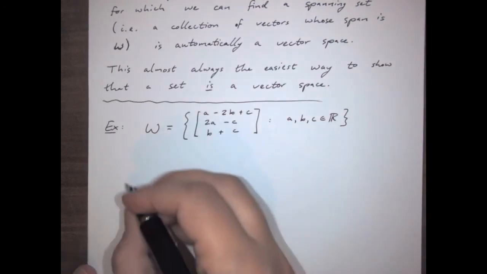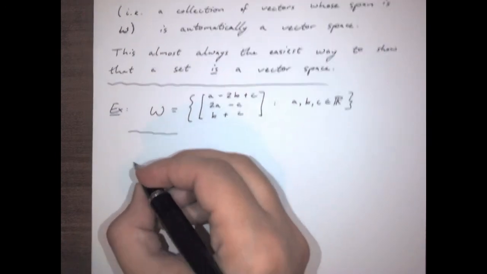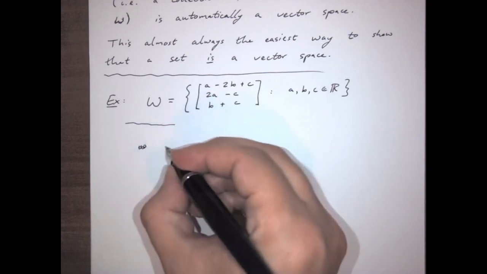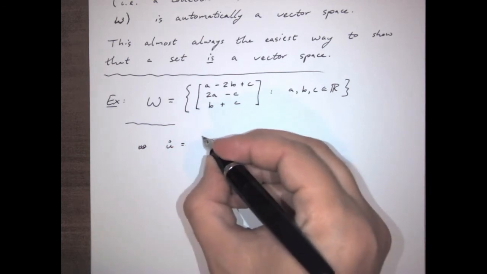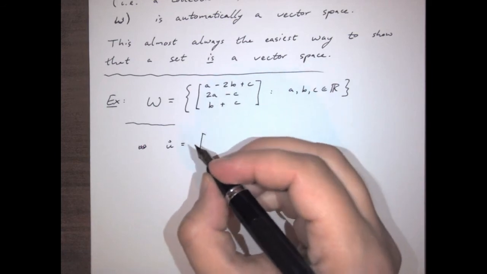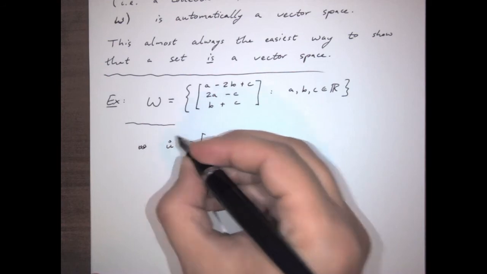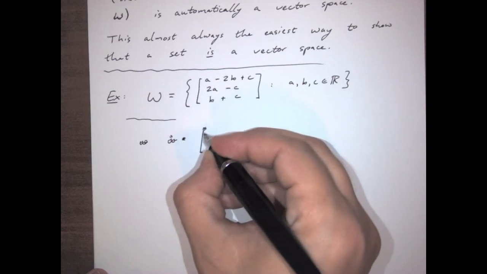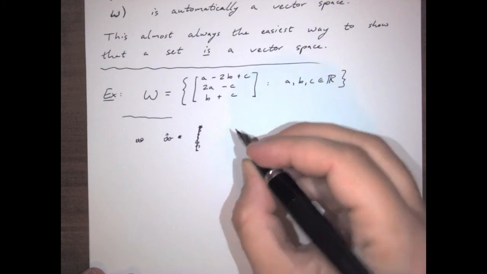Well then, think about what it means to be an element of this set. Let's say we've got any X that's in W. I don't want to use the letter U because in your textbook homework, they use the U slightly differently.